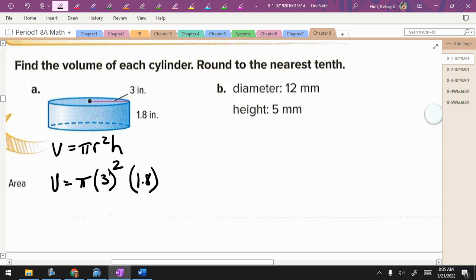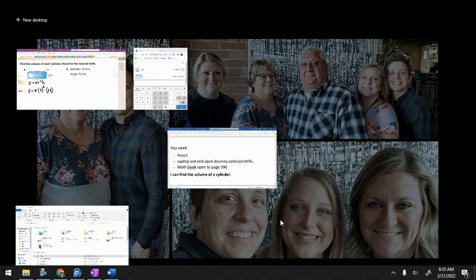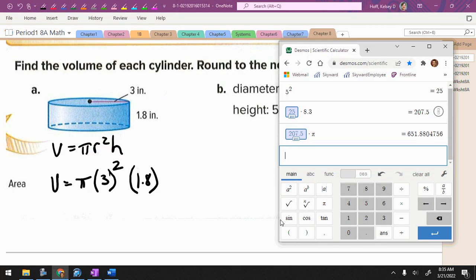Okay? Go to your calculator. If you want to hit clear, that's totally fine. If you don't, that's okay. What do I type first? 3 squared.